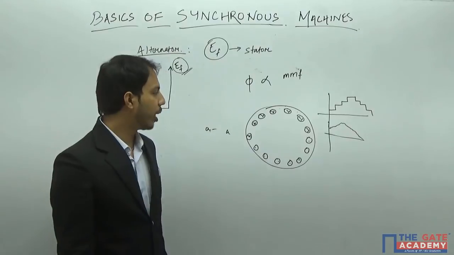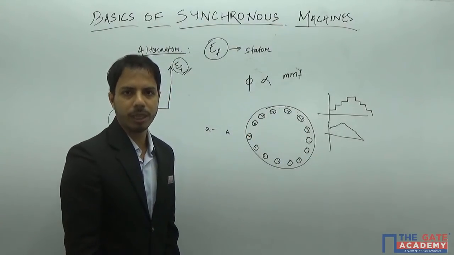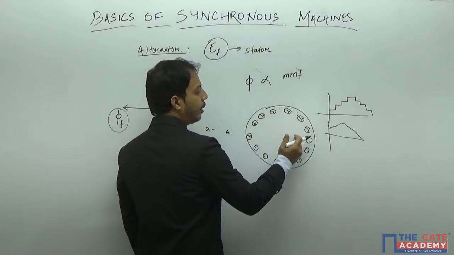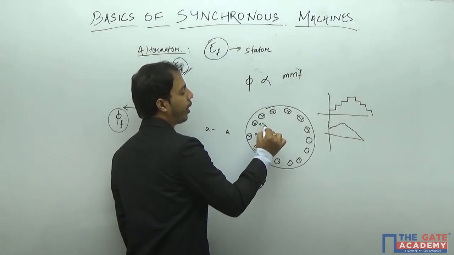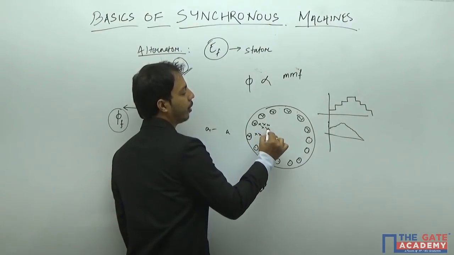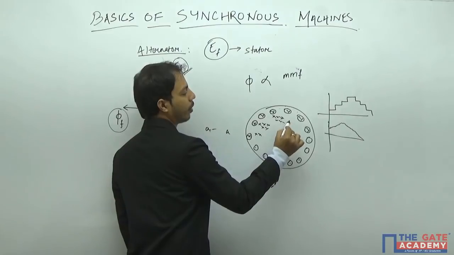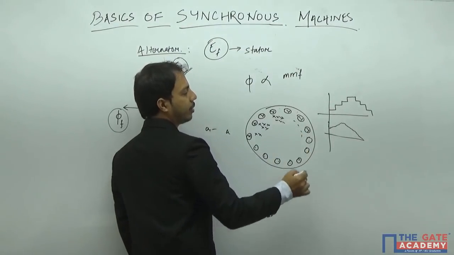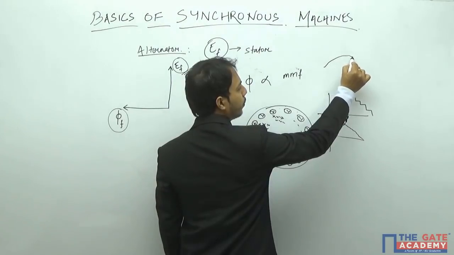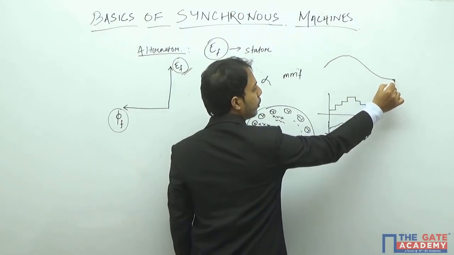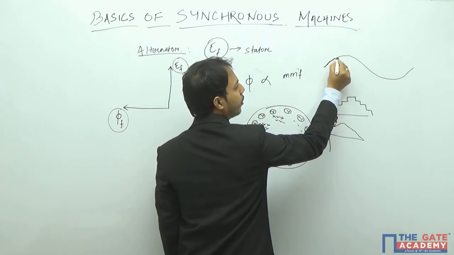Now we can improve that further by giving a different number of turns at different positions, and the number of turns can vary sinusoidally. Suppose I'm giving 2 turns here, 5 turns here, and then 10 turns here. Similarly, I'm decreasing the turns. So it will become something like that, and there will be very little, small steps.